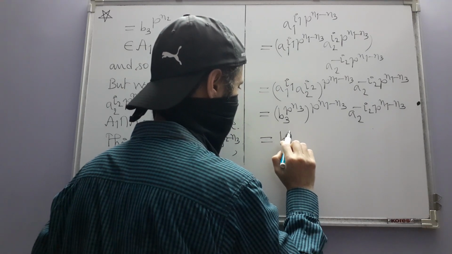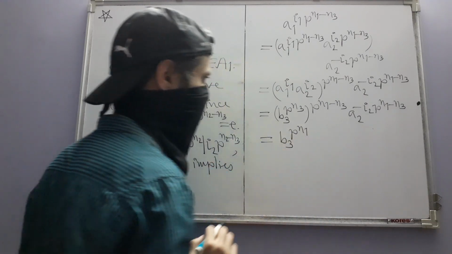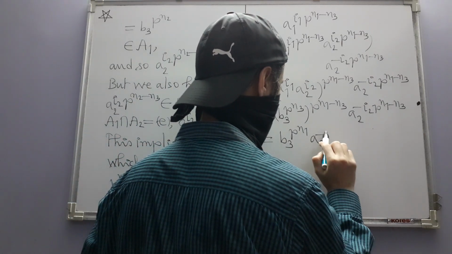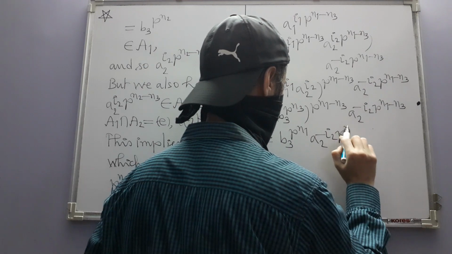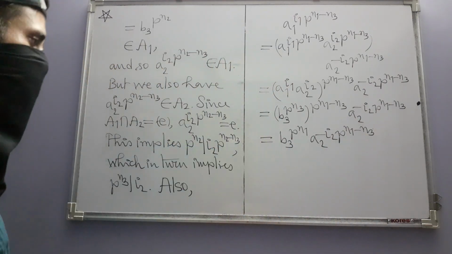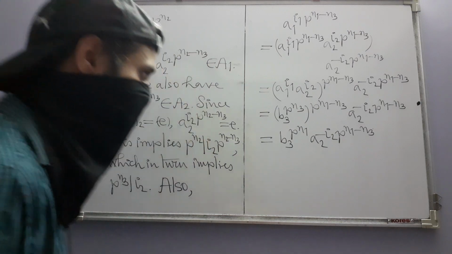b3 to the power, so this becomes p to the power n1 times this. This I believe is going to be E. Why?